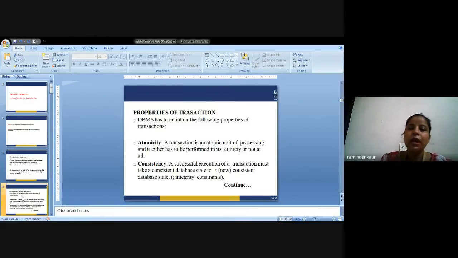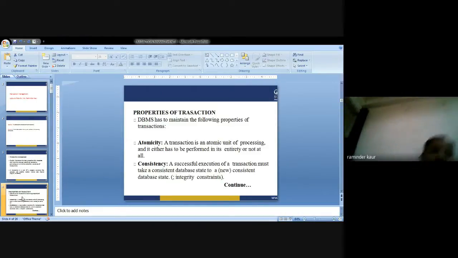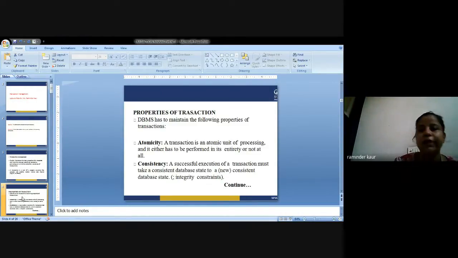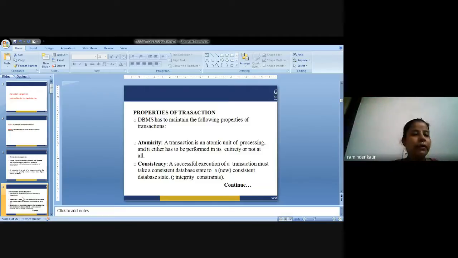It means the sum of A and B must be unchanged after the transaction, and ensuring this property is the responsibility of the user who codes the transaction. Because if the database is consistent before the execution of the transaction, then it must be consistent after the execution of the transaction.